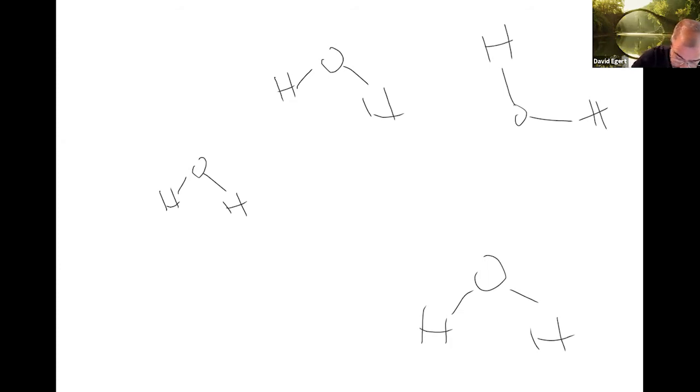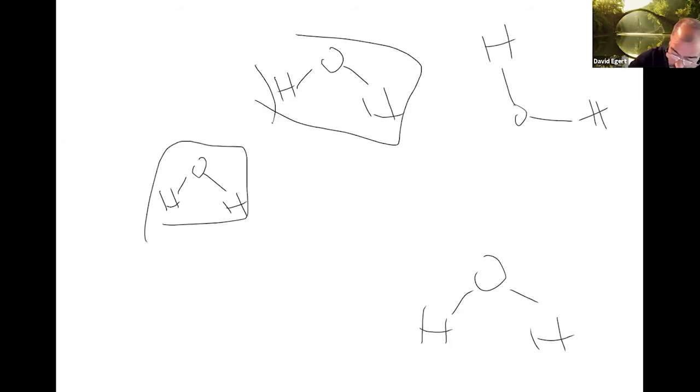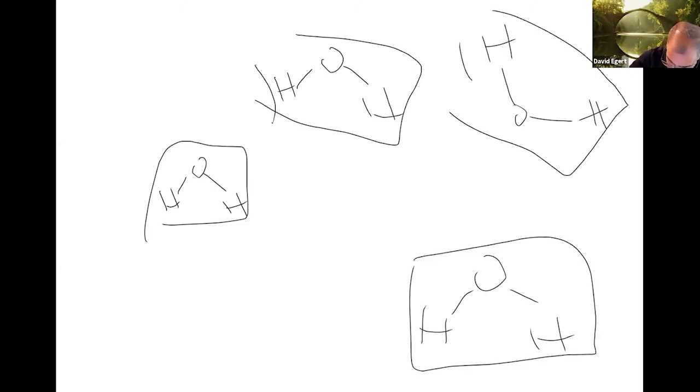So here I am, this is just a glass of water. So this is kind of what a glass of water looks like, or the inside of your cells. Most of your stuff is in water.